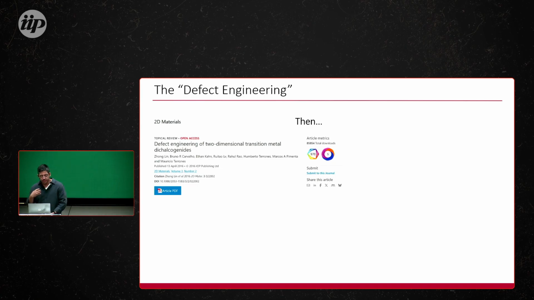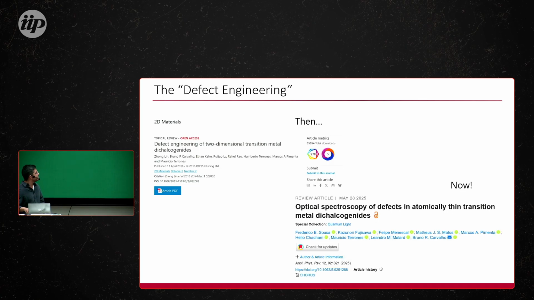Through these 10 years, we actually got another paper published last year. I was invited by the APR. And this basically summarizes everything we got from using optical spectroscopy to unveil how defects change the material properties. However, during this review, we noticed there is a bottleneck. The bottleneck is we know how to characterize defects.